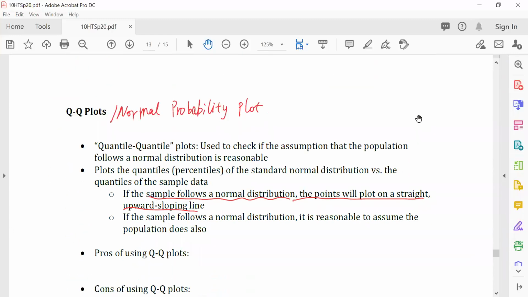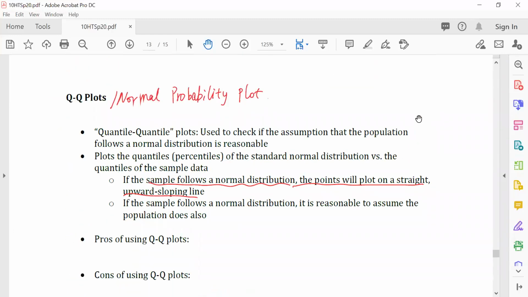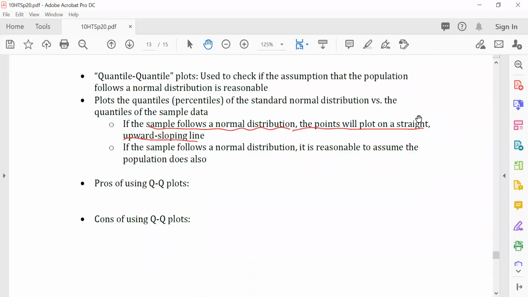There are some pros and cons of this QQ plot. The big advantage is that it's simple to interpret, right? You just try to see whether all those dots follow an upward sloping line or not.